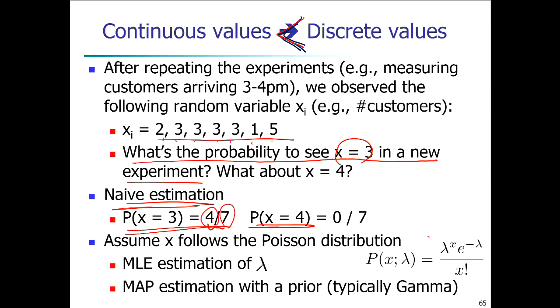So your MLE estimate will be 0 over 7. If you think about it, this is not very reasonable. For any sensible human being, although it can be argued another way, if I have seen 2 customers, 3 customers, 5 customers, and 1 customer, although I haven't seen exactly 4 customers, it's still likely. There is no reason to believe that, having seen 3 and 5, the possibility of seeing 4 is 0, or very close to 0.